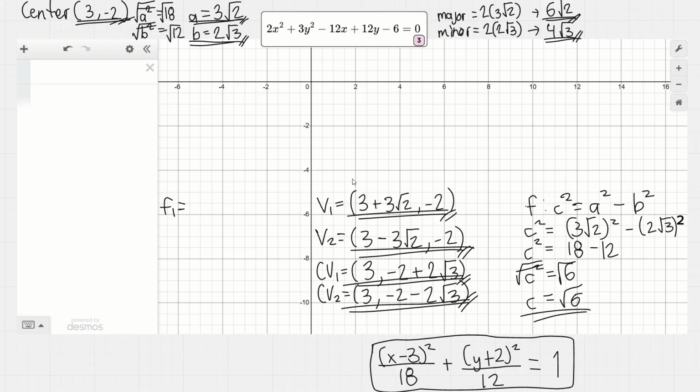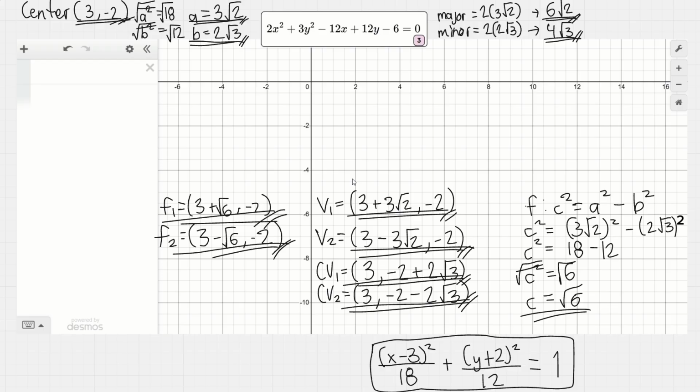So let's go to our center. 3 plus the c value, which is square root of 6, comma, negative 2. Let's get our focus 2. 3, we subtract this time, minus square root of 6, comma, negative 2. So these are our foci.